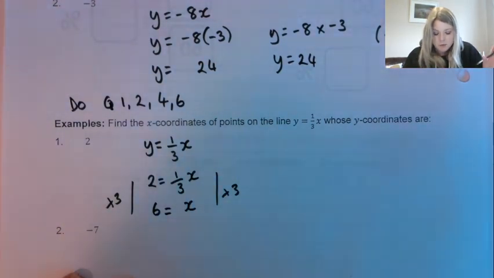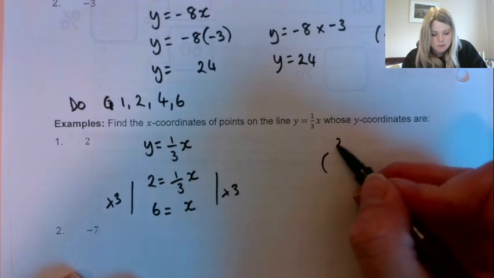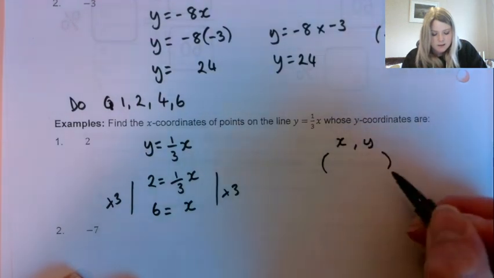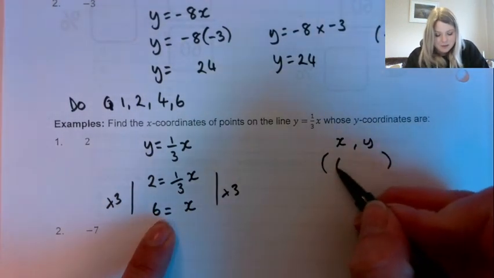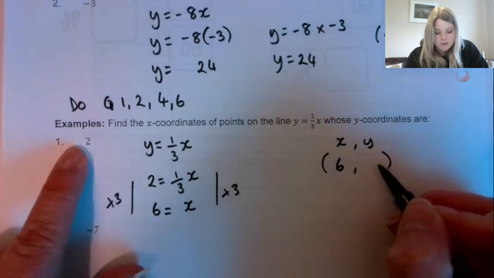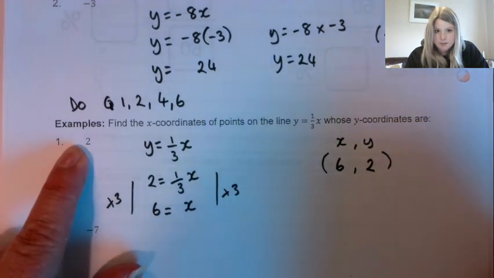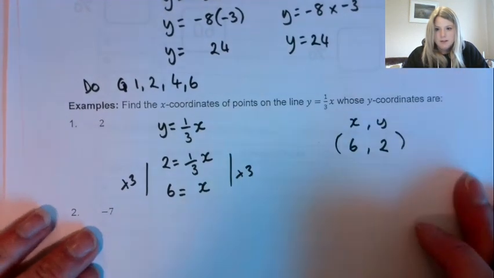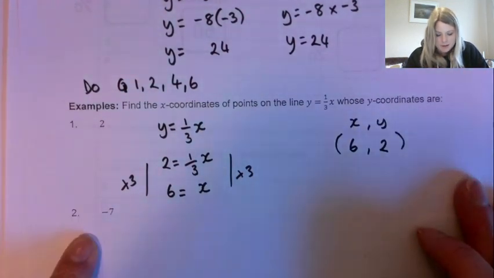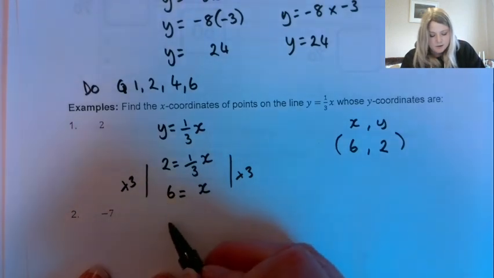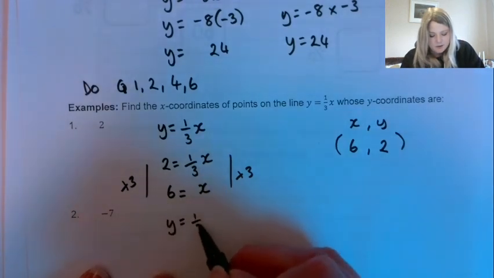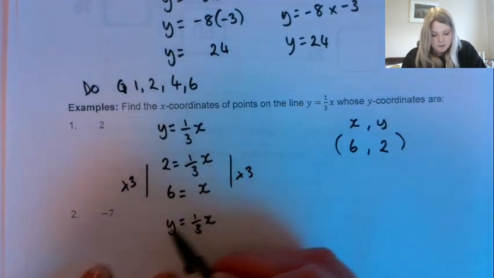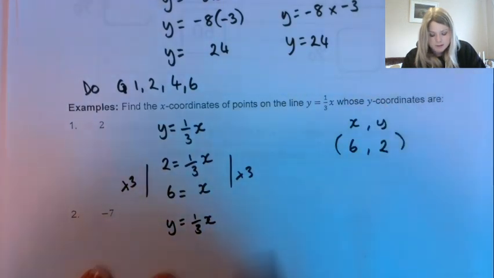So my coordinates are, remember coordinates are always x and then y. So our x value is 6 and our y value is 2. Yeah? So these ones are a wee bit more tricky. And then the second one here, again, start off with our equation. Y equals a third x. And we've been told our y coordinate is minus 7.